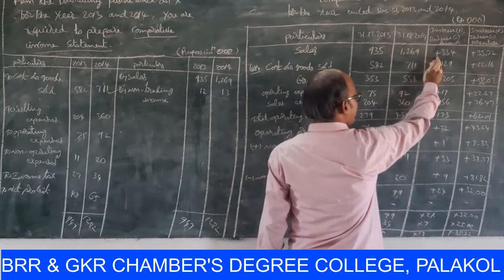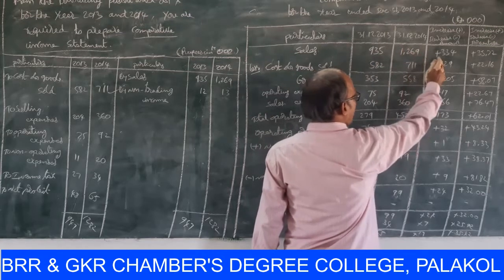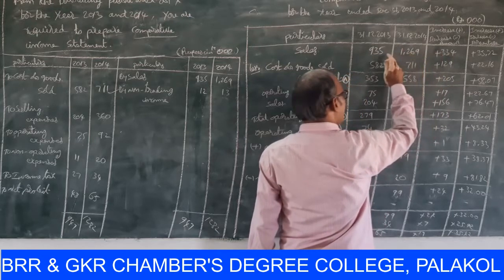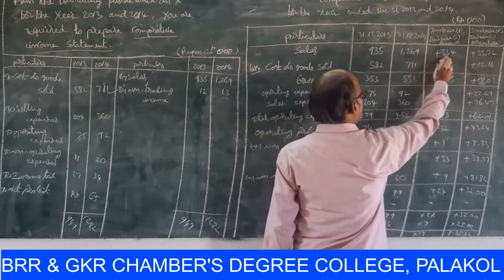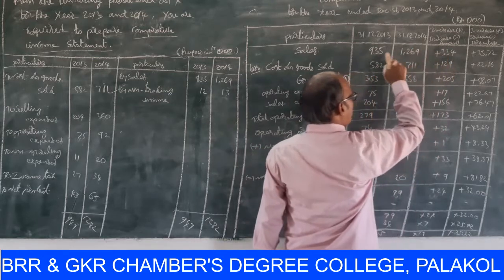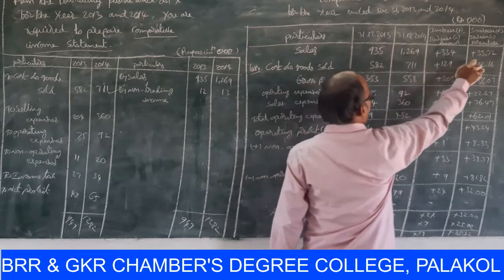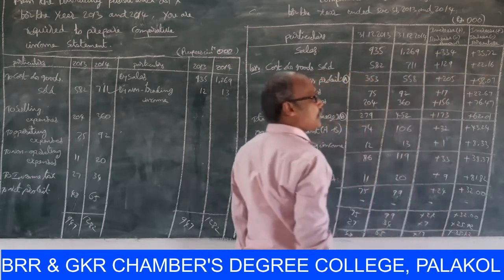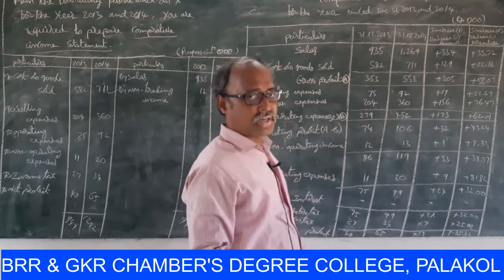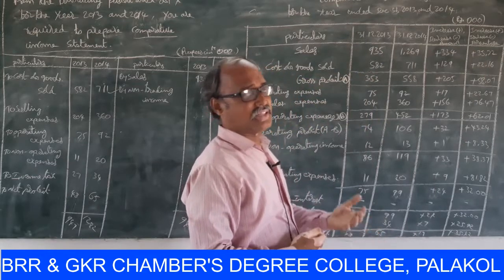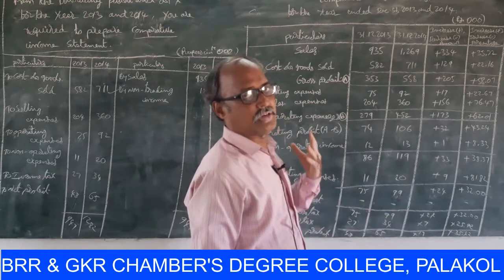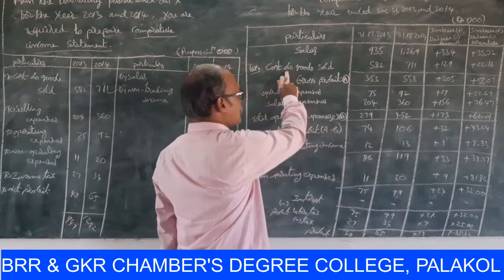That's why I have indicated plus here. 1269 minus 935 is plus 334. 334 by 935 into 100 is plus 35.72%. Whenever comparing with the previous year, the sales are increased by 35.72%.